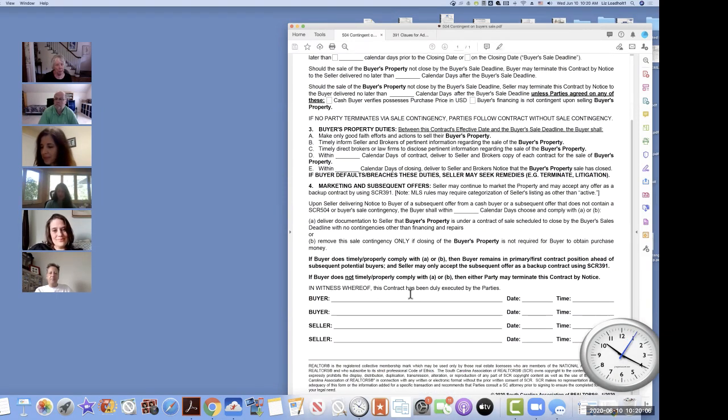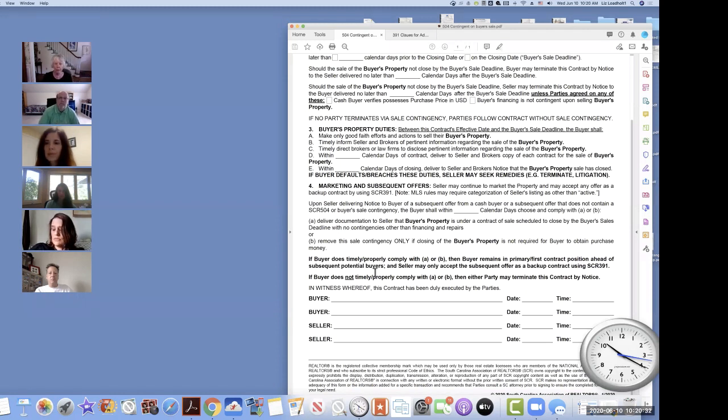If buyer does not timely, properly comply with either A or B, then the buyer remains in primary first contract position ahead of subsequent potential buyers. And seller may only accept the subsequent offer as a backup contract using SCR 391. I said does not. If they do comply. If they do not comply with A or B, then the party may terminate this contract by notice.